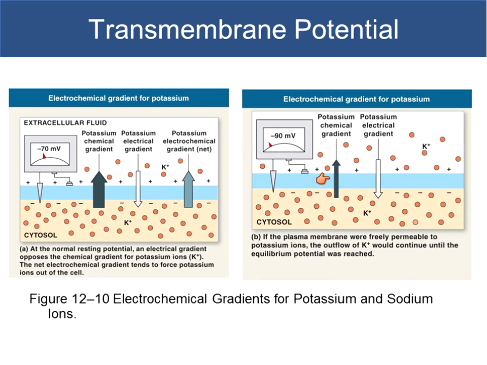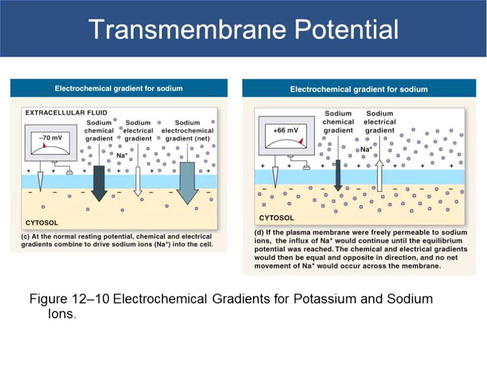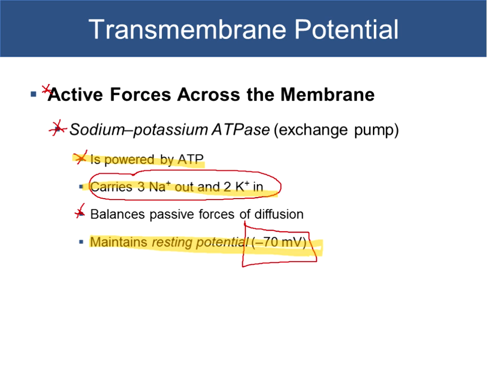Whereas on the previous screen, if we have the potassium ions, the amount leaving equal to the amount coming in, we'd be hyperpolarized. If the amount of sodium ions coming in were equal, then we would be well beyond an action potential here. So it's not just one of those ions alone that's able to maintain our resting potential, it's both of them working together.